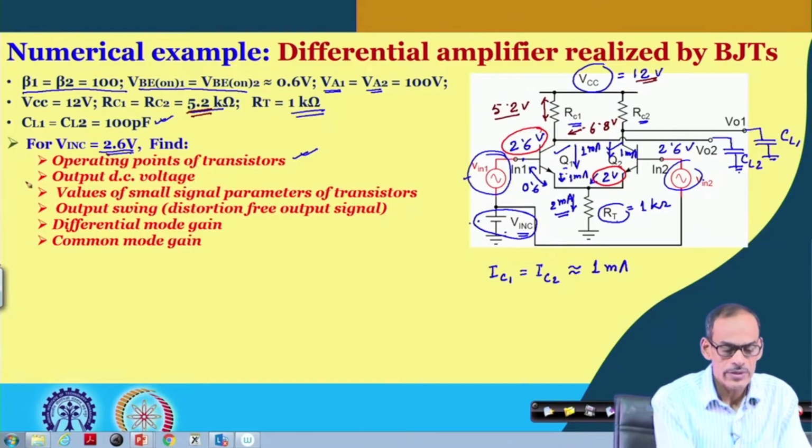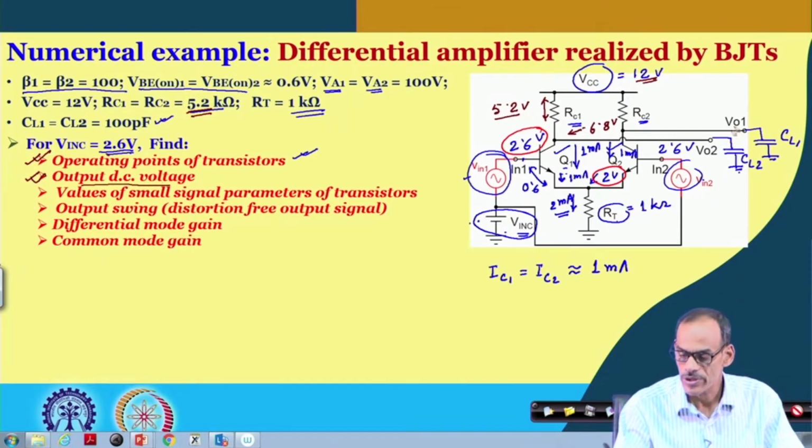So, we can say that now we obtain the operating point and also the DC voltage. The DC voltage is the same here also, 6.8 volt. Okay.